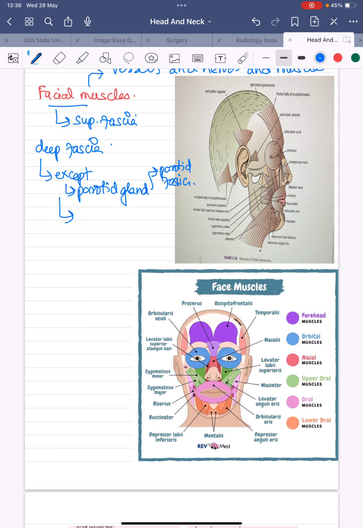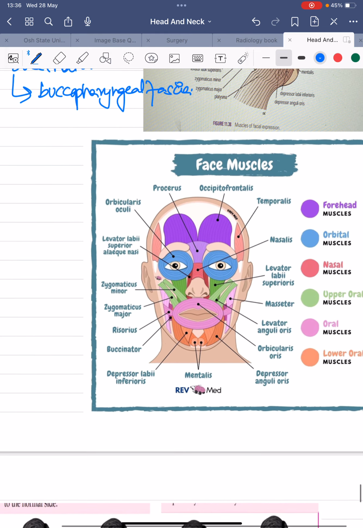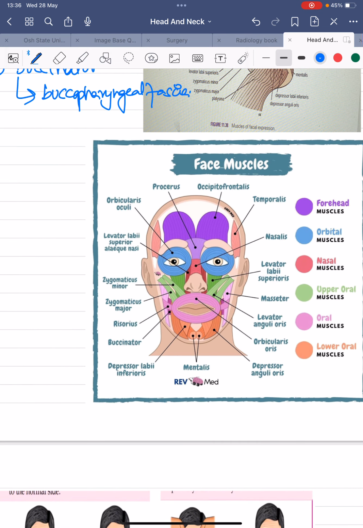It is also present over the buccinator muscle, by a fascia known as the buccopharyngeal fascia. So deep fascia is absent in the face, except over the parotid gland and over the buccinator muscle.